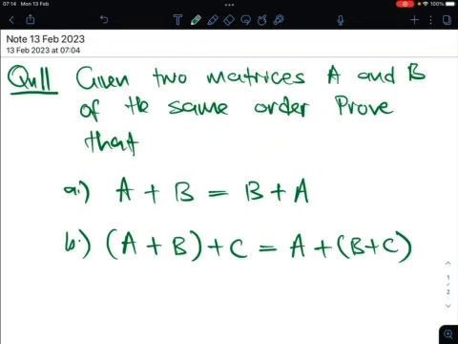So this is a problem which is trying to ask us to verify the commutative and the associative properties of addition of matrices. But now we want to employ the algebraic tools that we have so far developed to see how we can actually answer this problem.